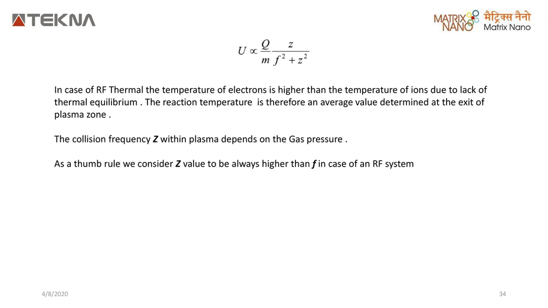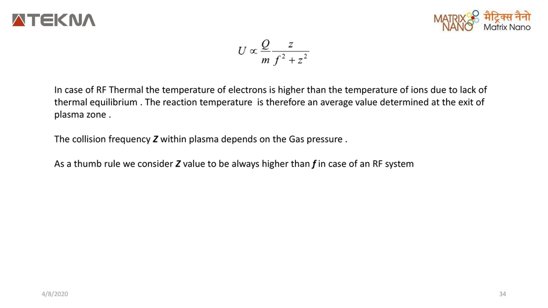But in the case of an RF thermal system, there's a small difference, which I have mentioned very clearly in two lines. In RF thermal, the temperature of the electrons is higher than the temperature of the ions. So there is always a lack of thermal equilibrium between the electrons in the coil as well as the ions. Usually ions tend to be at a higher temperature because each material has its own calorific value. Therefore the reaction temperature is always an average which is determined.